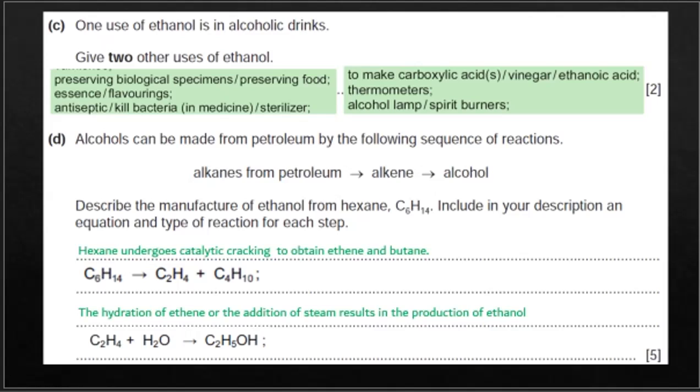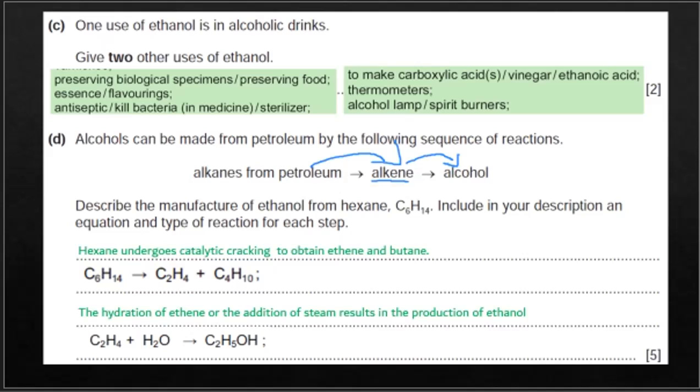Next question. Alcohol can be made from petroleum by the following sequence of reactions. Alkanes from petroleum give you alkenes, so that would be cracking. Then alkenes in the presence of steam can give us alcohol.